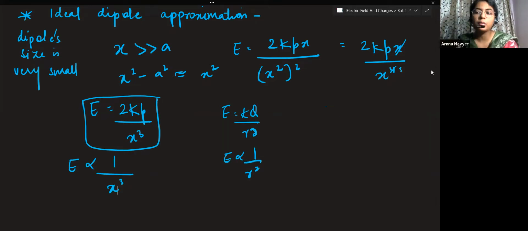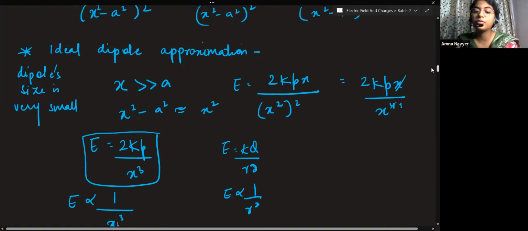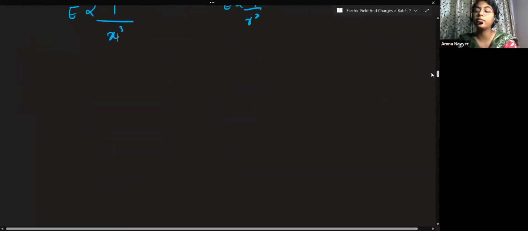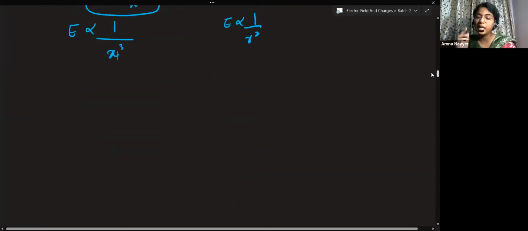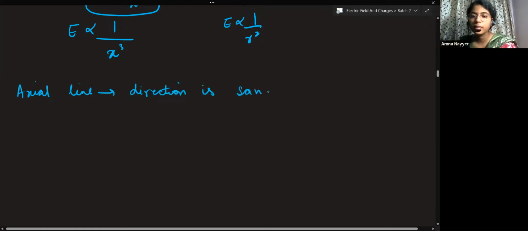And apart from this, if you have to calculate the electric field at the axial point, on the axial line the direction is same as that of dipole moment.